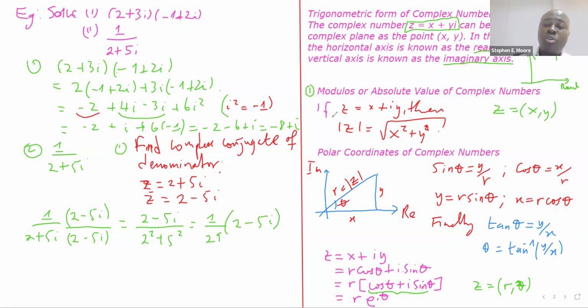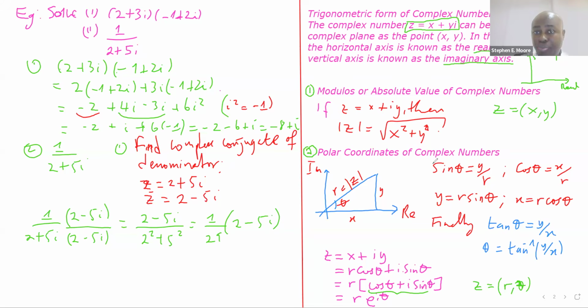If we have a complex number z, which is x plus iy, then the modulus is the square root of the sum of squares of x and y. So if z is x plus iy, then the absolute value, or the modulus, is the square root of x squared plus y squared. And we can now go on to the next step.